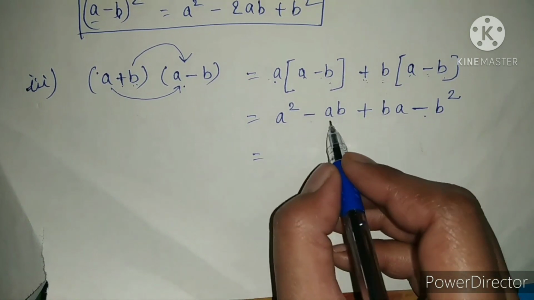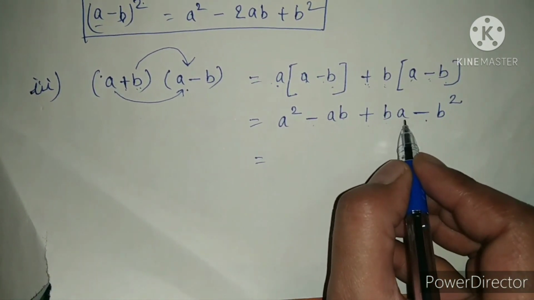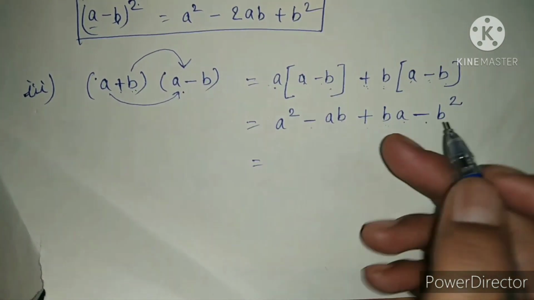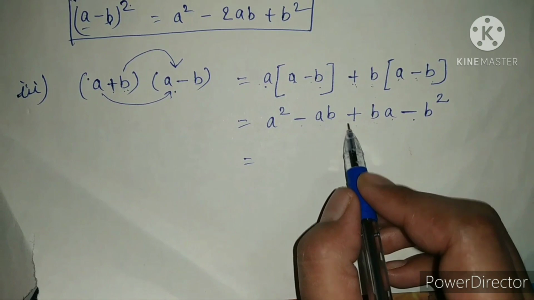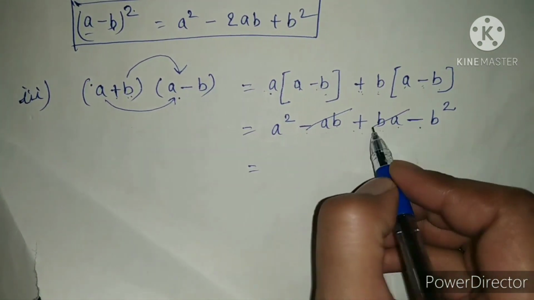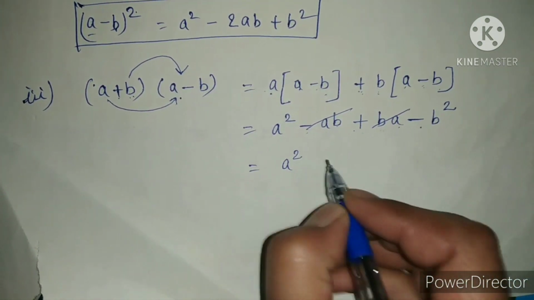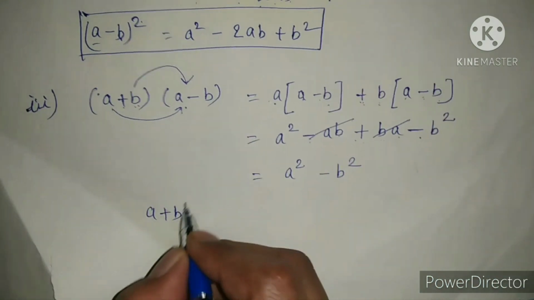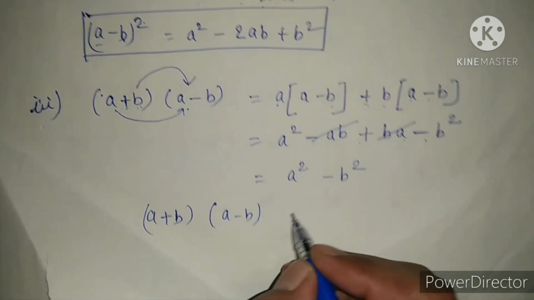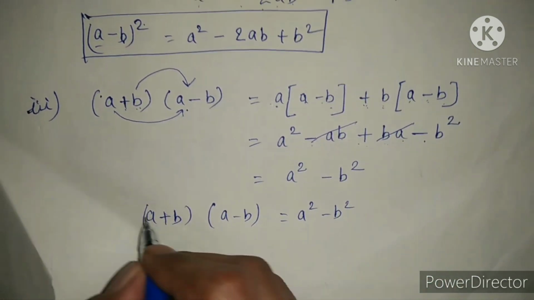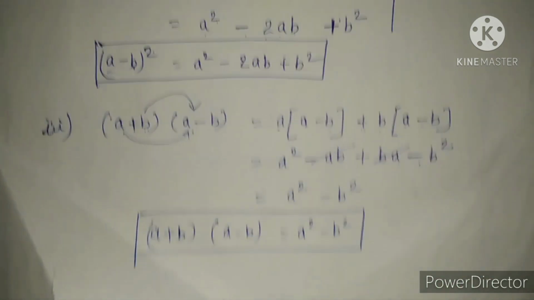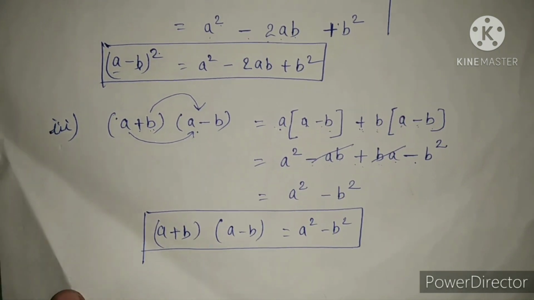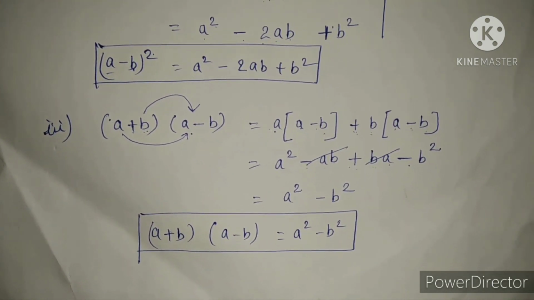You can see minus ab plus ba, both are having different symbols but the same variable, that's why we can cancel minus ab with plus ba and the answer is a square minus b square. So the last property, (a plus b) into (a minus b), will give a square minus b square. This will be the third identity of the chapter. Now from the next video we will start our chapter exercise.